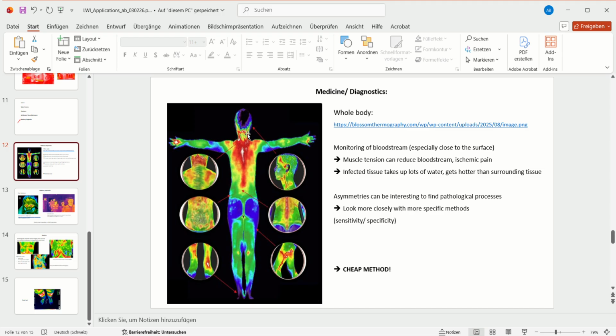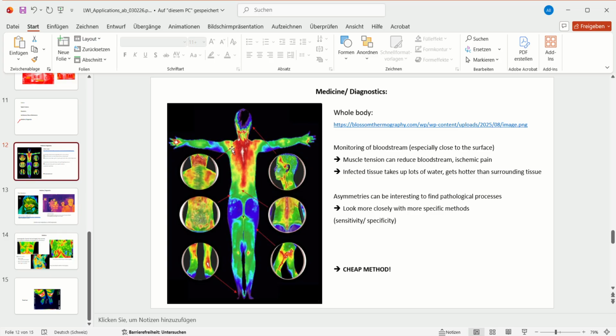So if you look at ears or eyes, you have almost the same core temperature as if you look at the neck, but the other parts of the body are normally quite a bit colder. And the heat follows the bloodstream, so where you have lots of fresh blood, you also have the warmest temperatures.